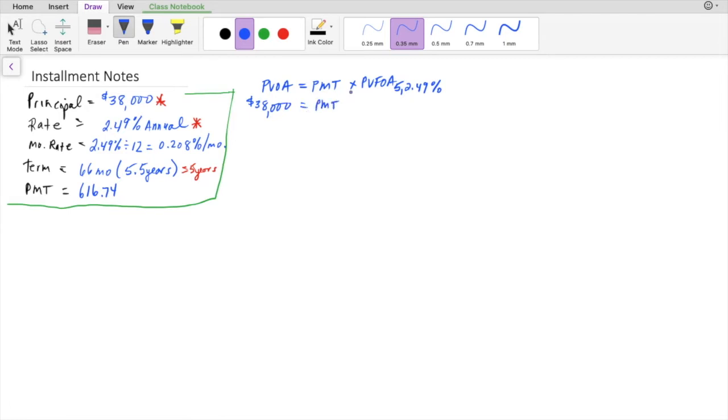We've got to figure out the payment, and we need to know what this factor is. So in order to solve for all of this, we can just simply use Excel. It's not going to tell me the factor, but it's going to give me my answer. So what is our payment?